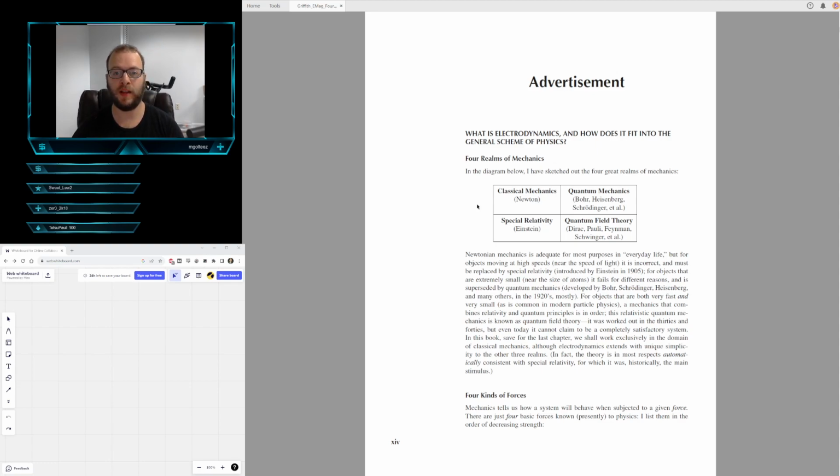And finally, you have very small, very fast moving objects, and that's governed by quantum field theory. We are going to be just focusing on classical mechanics, so these are slow moving objects that are big.